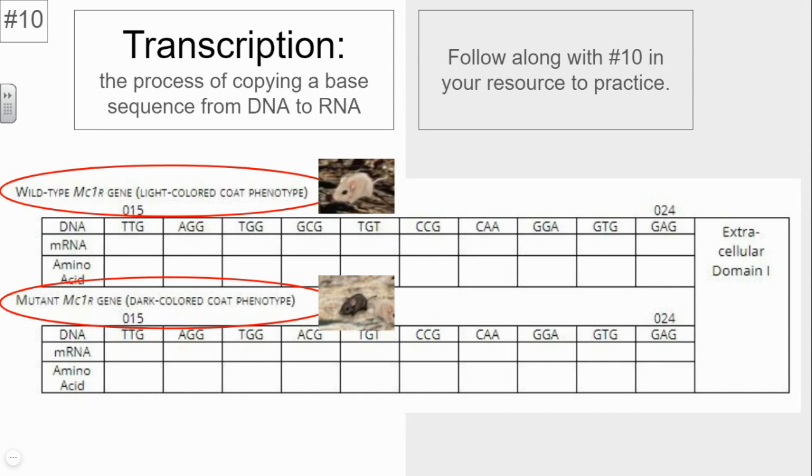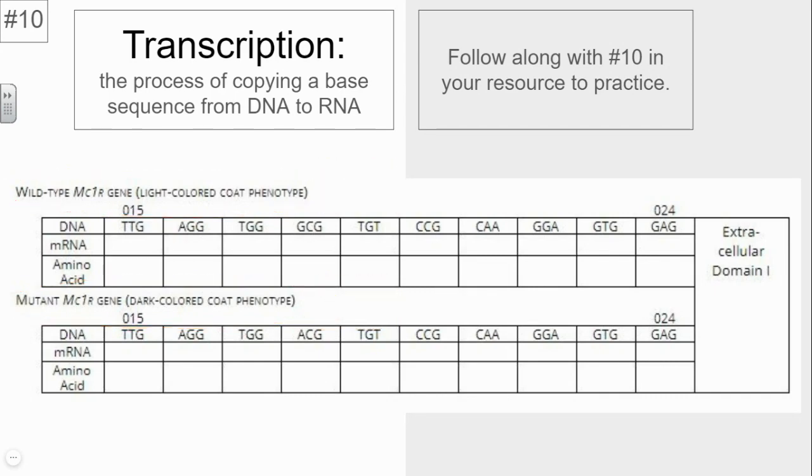What we have here is a small segment of the MC1R gene, which has close to 1,000 bases. This small segment shows codon number 15 through codon number 24.